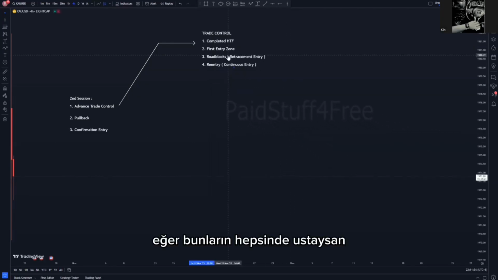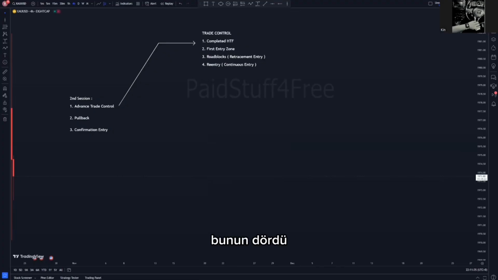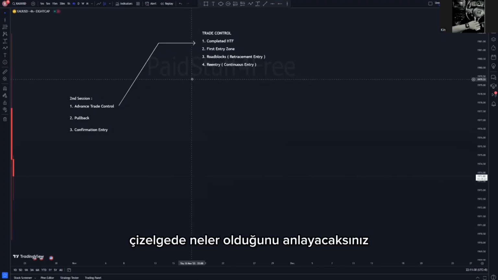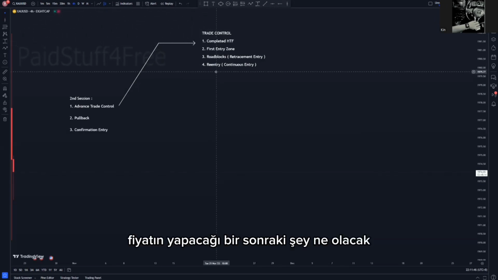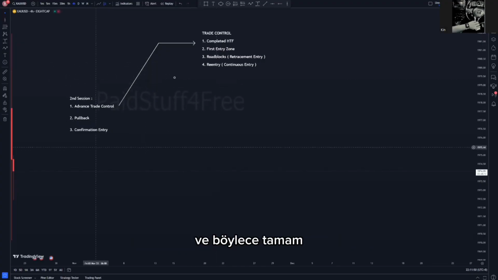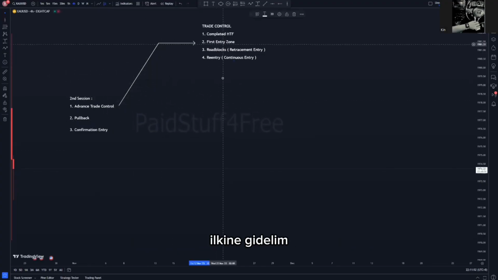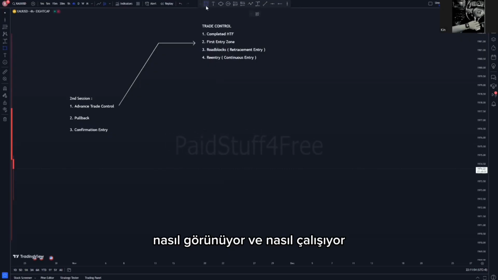If you master all 4 of these, you will understand what is going on with the chart, what will happen to the chart, what the price is going to do next, and so on. So let's go to the first one, how it looks and how it works.